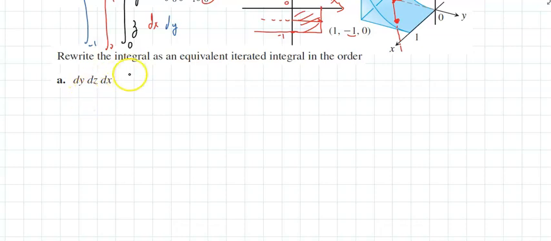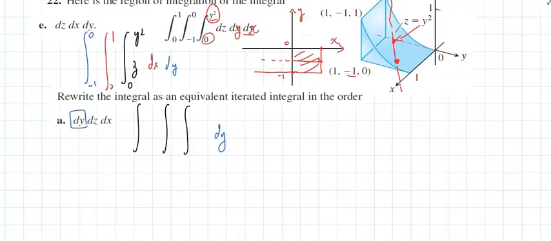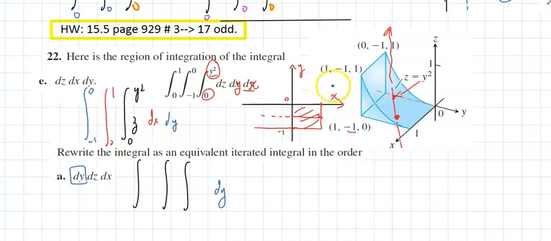Secondly, if we want to run in the y direction, then y is the insidemost function. If I run from the y point of view, y is going to hit at y equal -1, and it's going to exit out of, what would that equation be? If z equal y squared, y would equal plus or minus radical z.